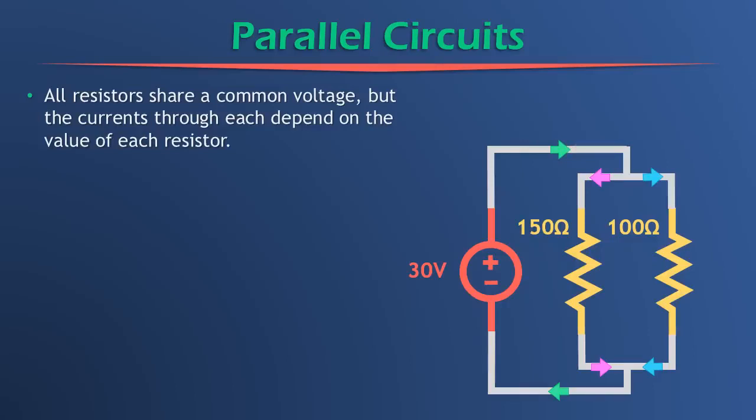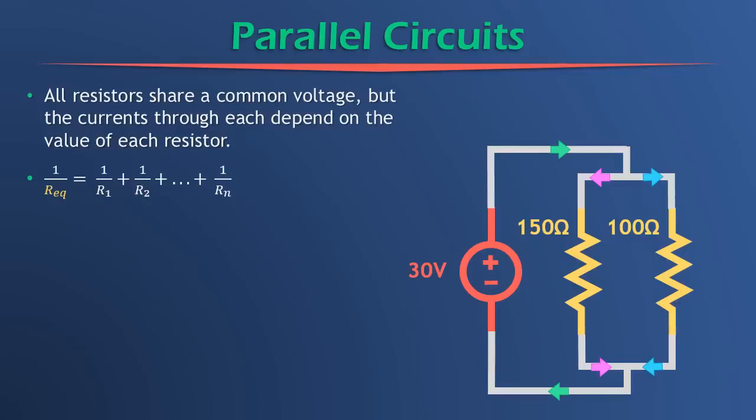Well, we can turn these two resistors arranged in the parallel configuration into one equivalent resistor like we did in series circuits. We're going to use this equation: 1 over R equivalent equals 1 over R1 plus 1 over R2 all the way up to 1 over Rn.